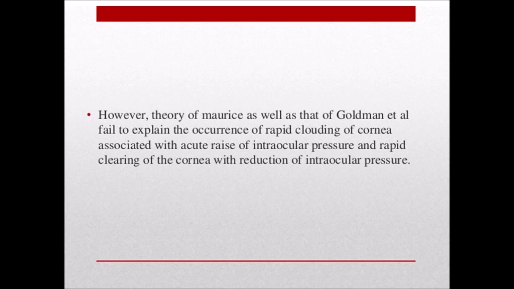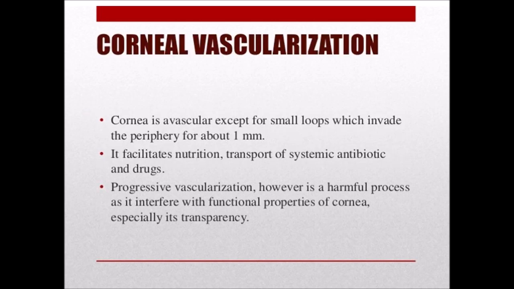This can be explained by the hydration theory, which we will be taking after this. Now, the cornea is an avascular structure, and because of this the cornea is transparent. It has only small loops which invade the peripheral 1 millimeter, which provides the nutrition to the cornea.